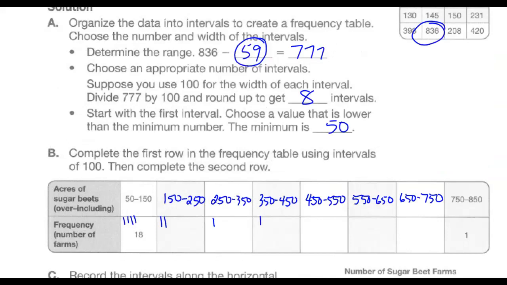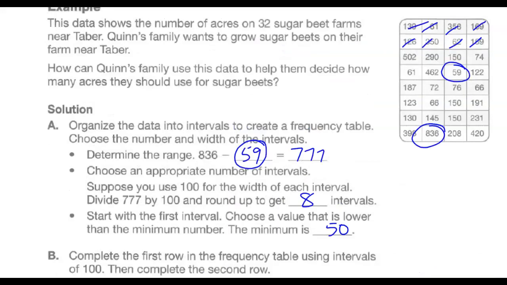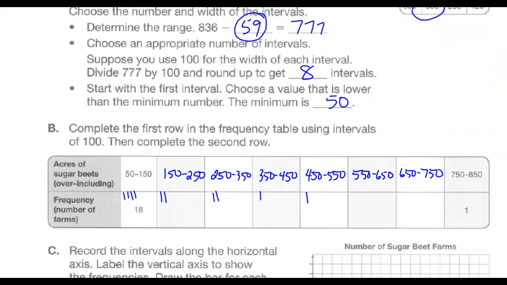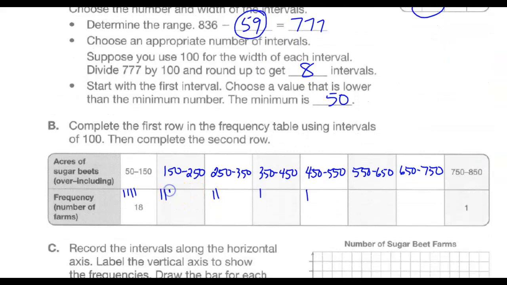502, 290. 150, 74. 100 and, oh, yeah, so here I've got to include the 150 in the previous. Let me fix this up.